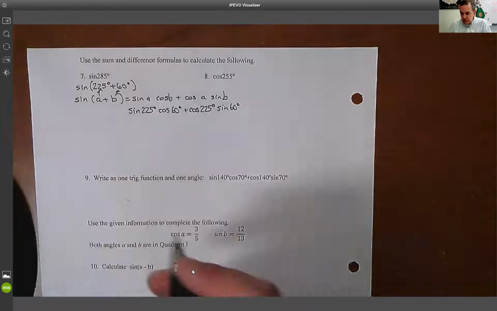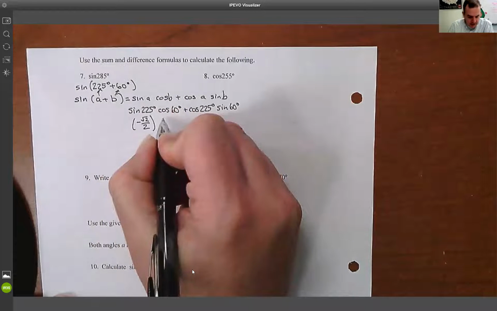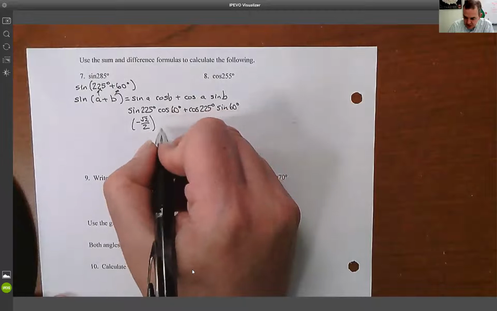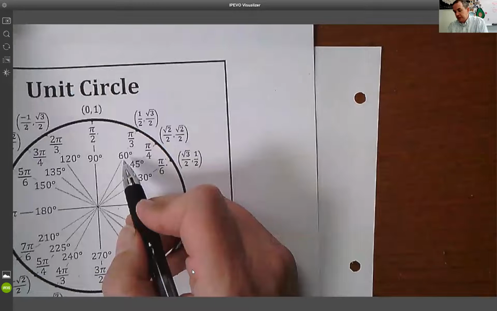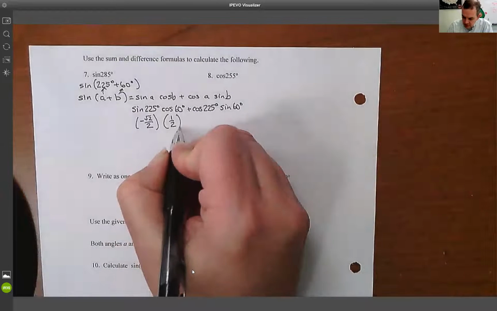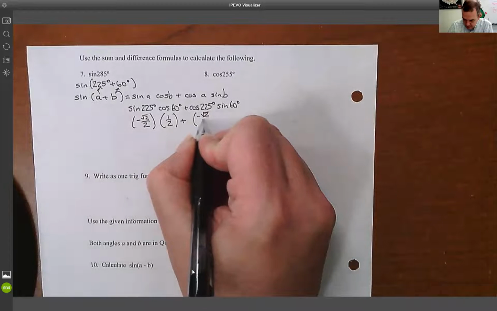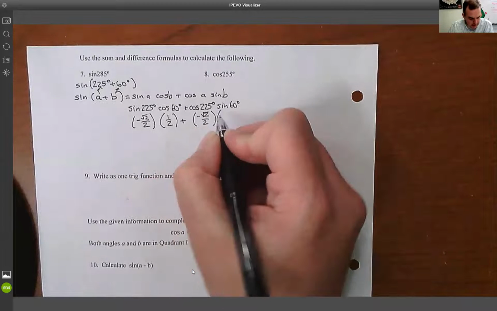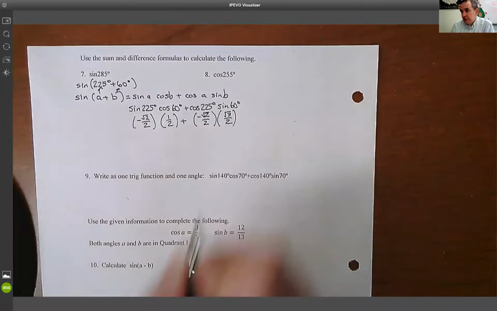So it's negative root 2 over 2. Cosine of 60, when I follow that same logic, is the x part. So cosine of 60 degrees, cosine is the 1/2 part. And if I follow along the same logic, this is going to be negative root 2 over 2, and this is going to be root 3 over 2. I'm going to read that off the circle.